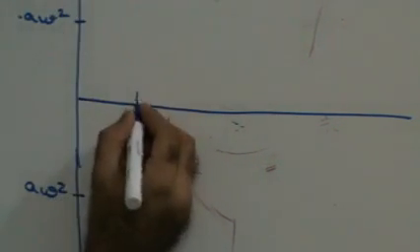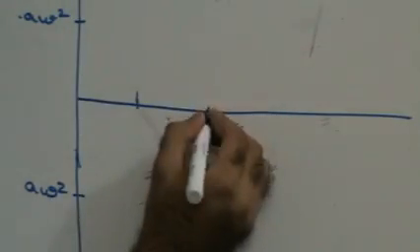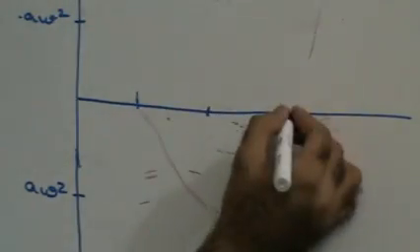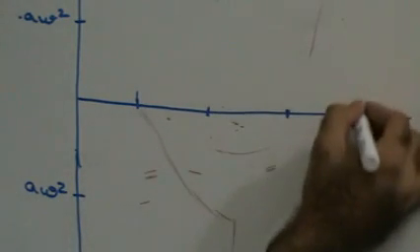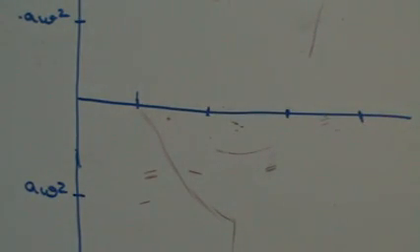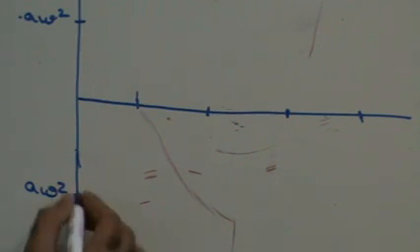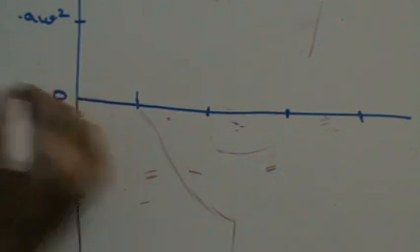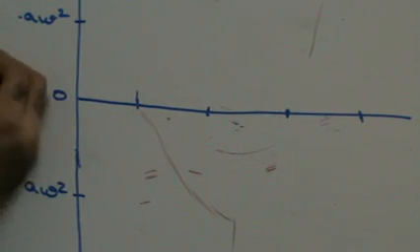Let's see this. 90, 180, 270 and 360. Right? Now this is going to be minus a omega square. This is your acceleration graph.